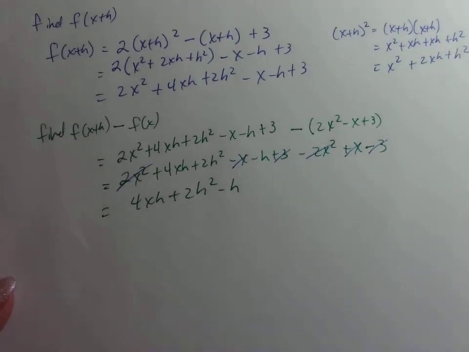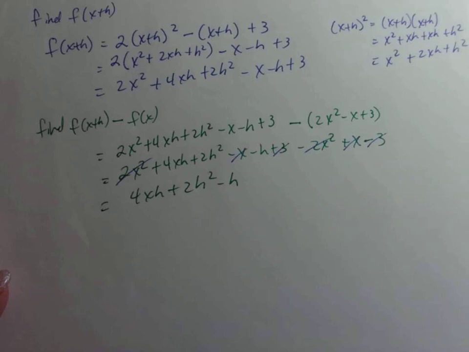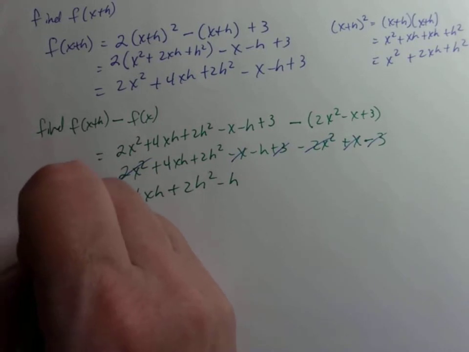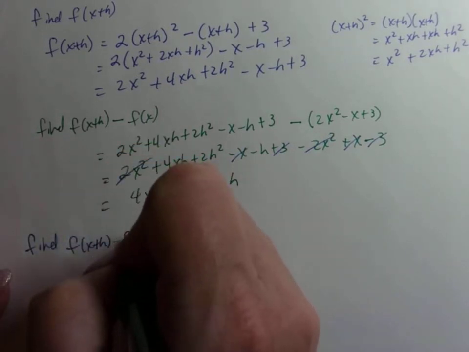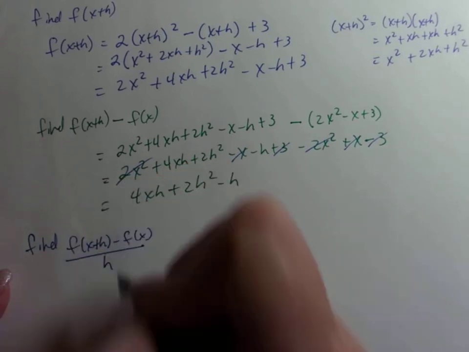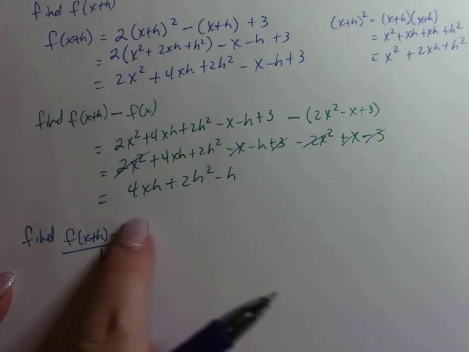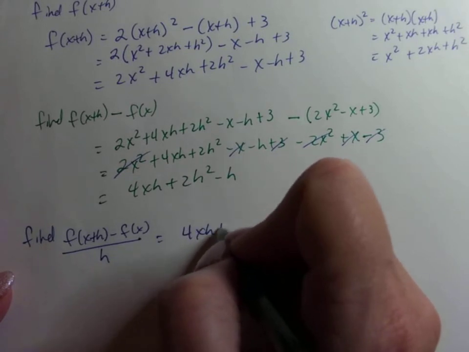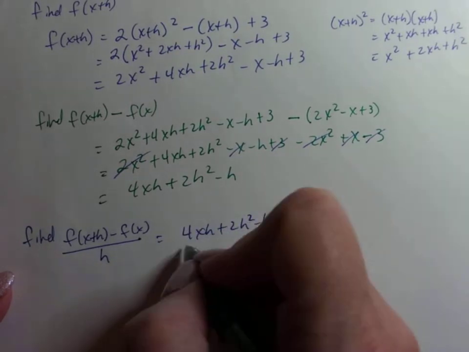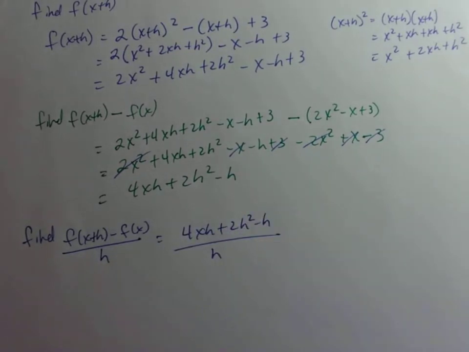Now we'll do the very last step. We will find f of x plus h minus f of x all over h. Well, we've already found the top part now. We have 4xh plus 2h squared minus h all over h.